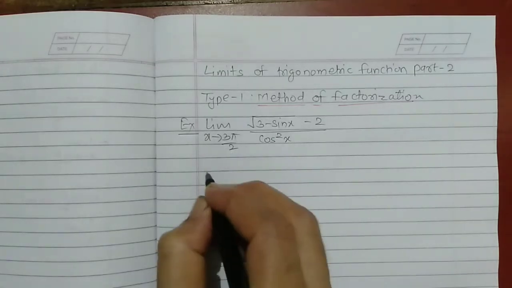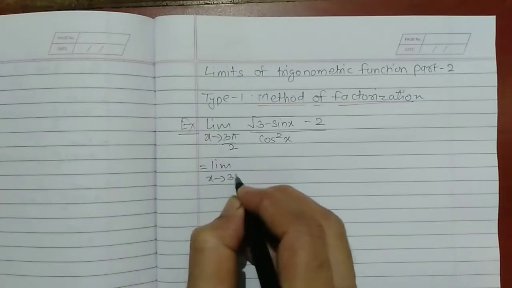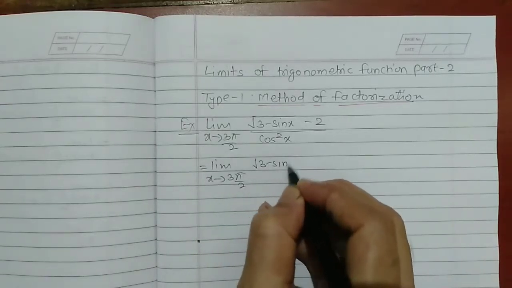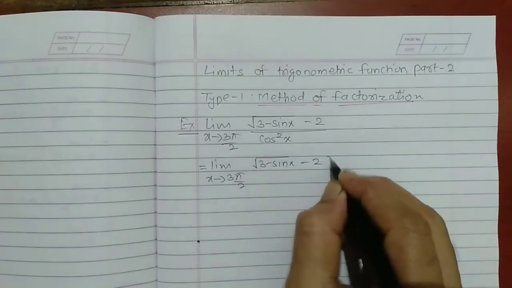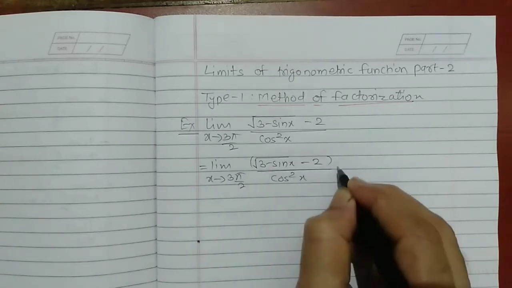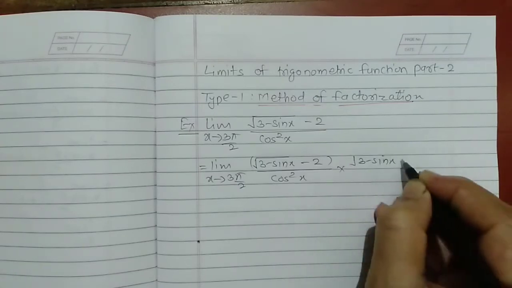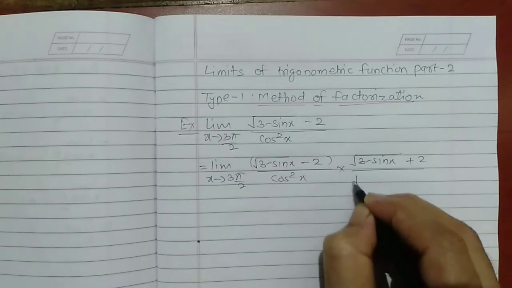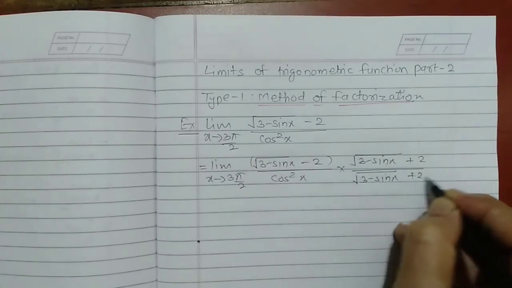तो चलो सॉल्व करते हैं। Limit x tends to 3 pi by 2 of root of 3 minus sin x minus 2, divided by cos square x into root 3 minus sin x plus 2, divided by root 3 minus sin x plus 2.